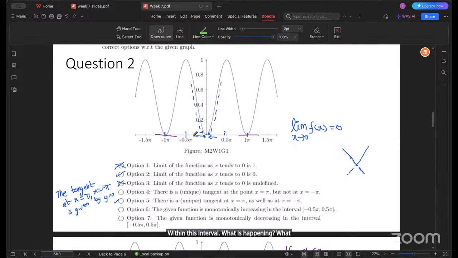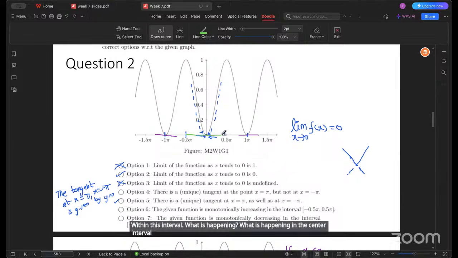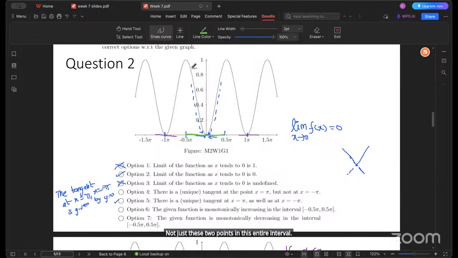What is happening in this entire interval is what we are looking at, not just these two points. What is happening to this function? It is increasing and decreasing, ma'am. Either the function is first coming down and then again it's going up. So it is neither increasing nor decreasing in this interval.